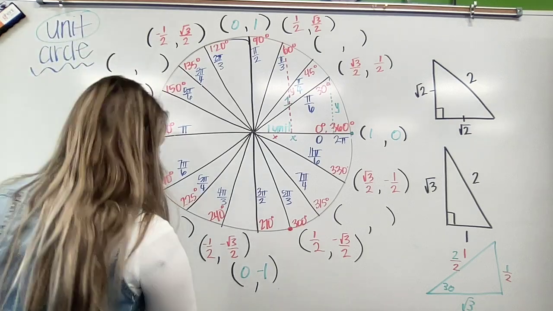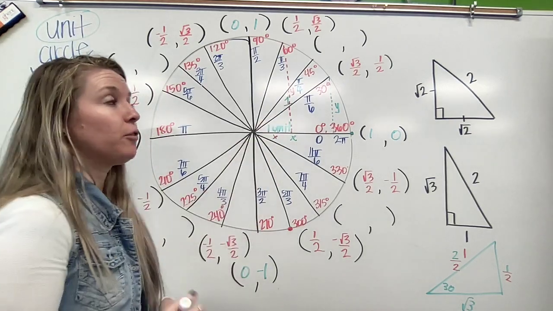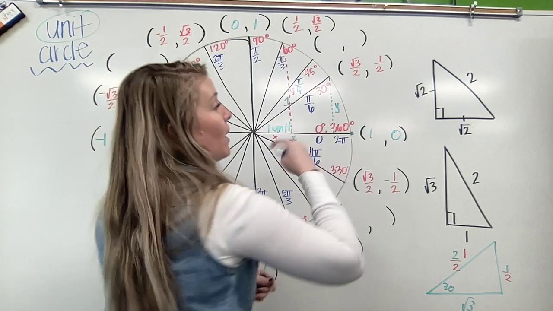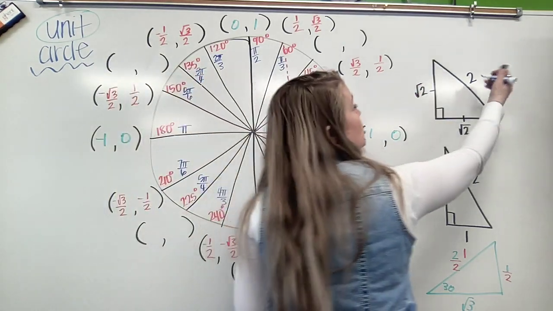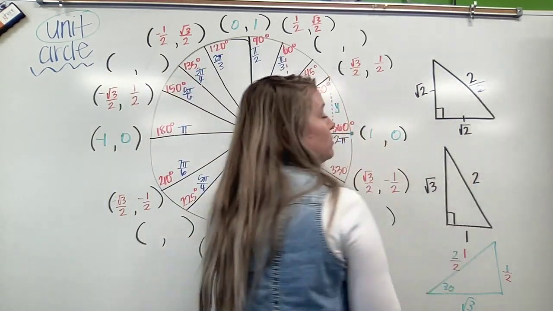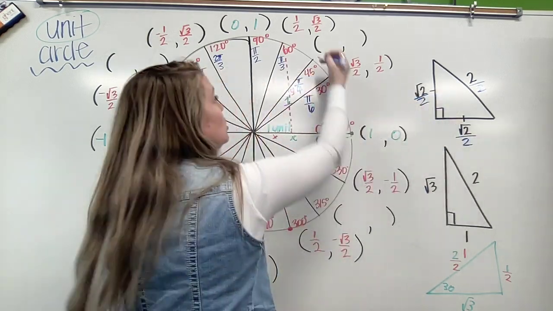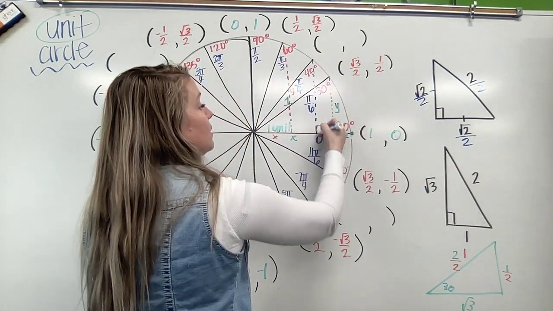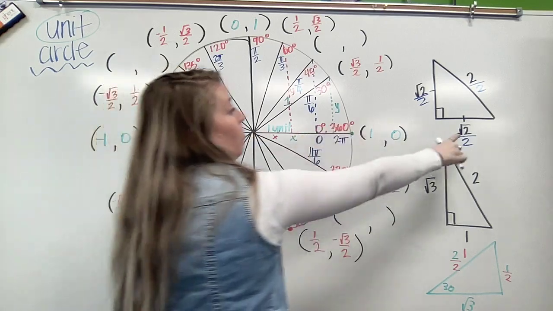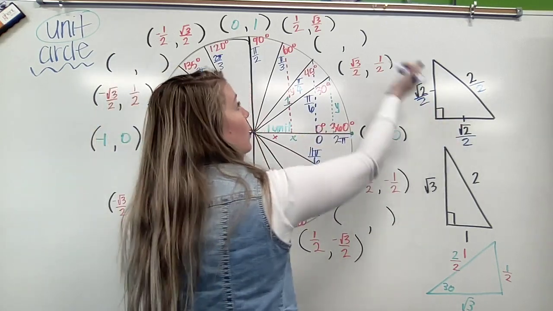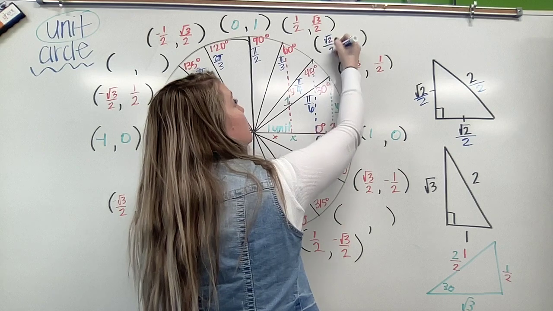So our last set of points here, we're going to talk about our 45-45-90. So our x and y is going to change because we need that hypotenuse to be 1. So again, we divide everything by 2. When we look at the triangle here, our base and height are going to be the same, √2/2.